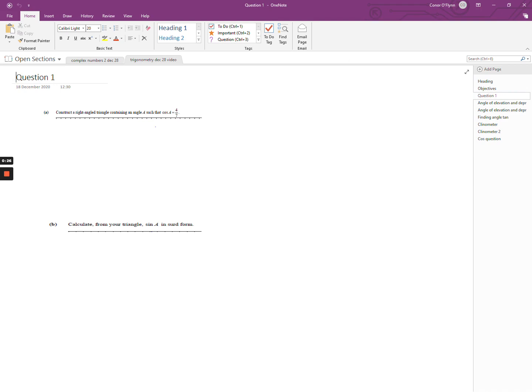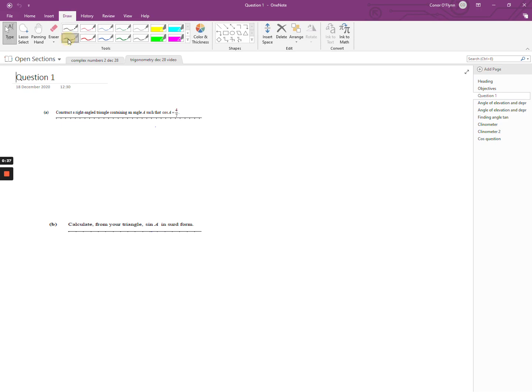Let's say they ask us to construct a right-angled triangle containing angle A such that cos of A is 4/7. So they want us to draw a right-angled triangle, right? So we'll set it up.